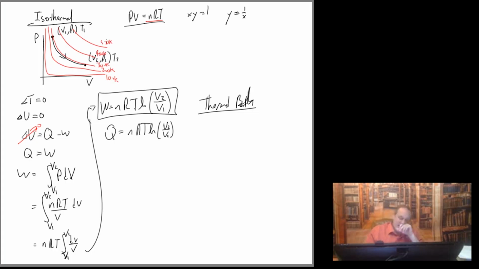So basically our graph is P equals nRT over V. So the constant is nRT. The bigger the constant, the farther this graph gets from the origin. So the bigger T is, the farther the curve gets from the origin.